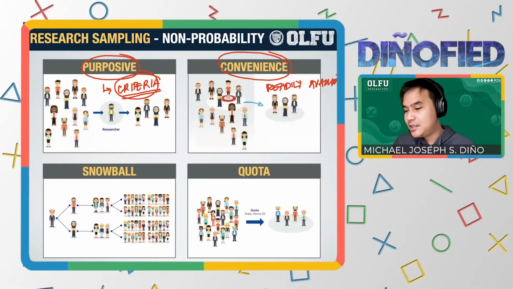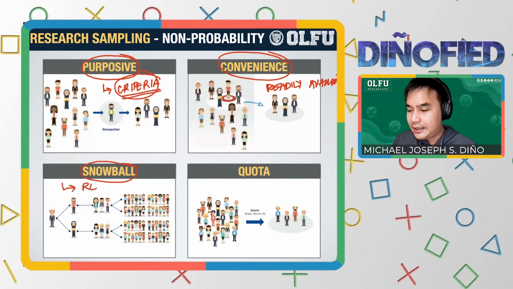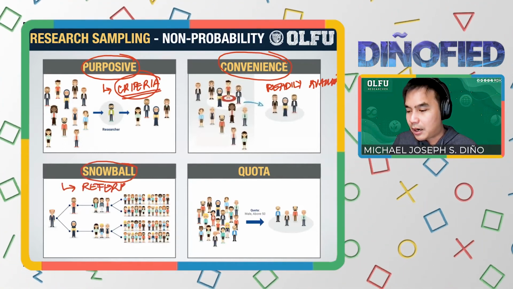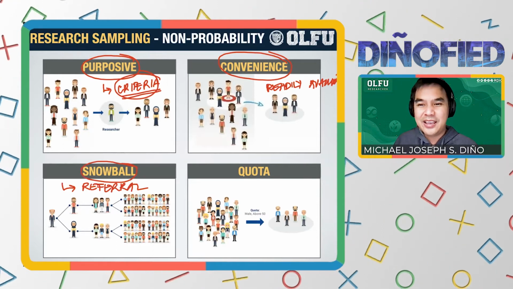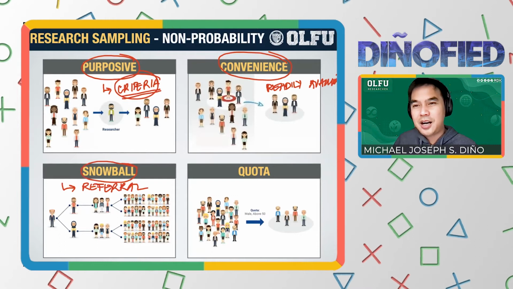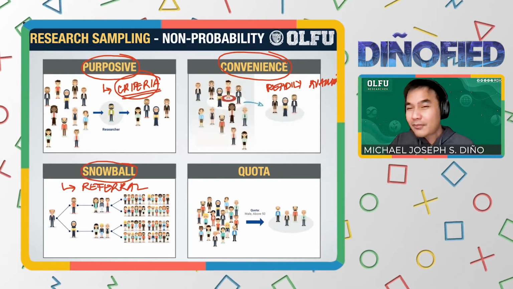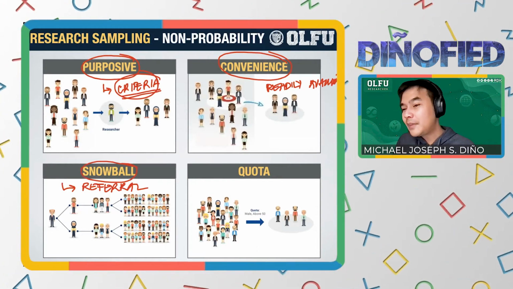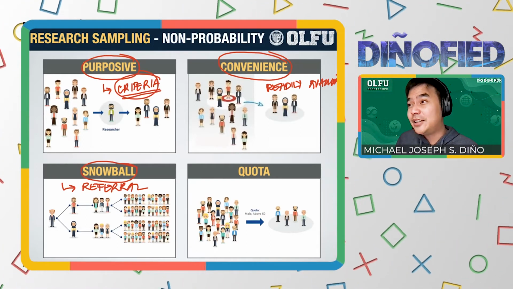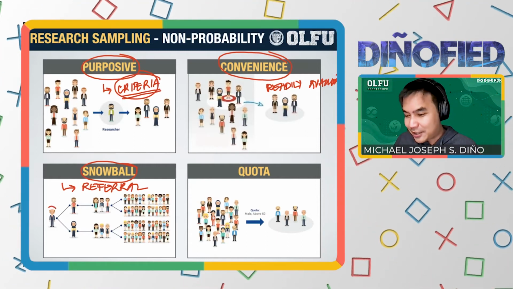Next is snowball sampling. Pag sinabing snowball sampling, referral naman siya ang tinatawag. Di ba sabi nga natin, birds of the same feather flock together. Example, you're going to do a study about drug addicts. So meron ka nang selected na drug addict.